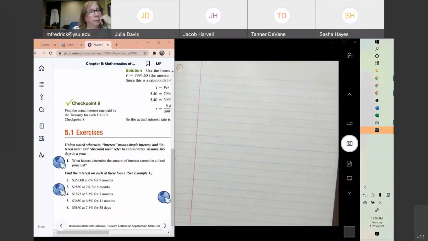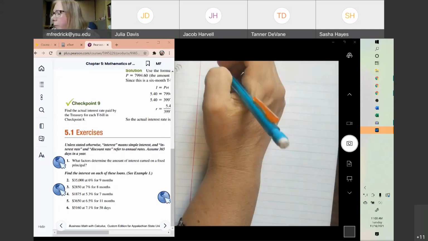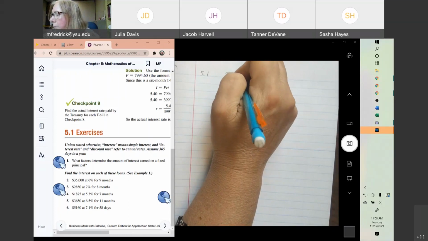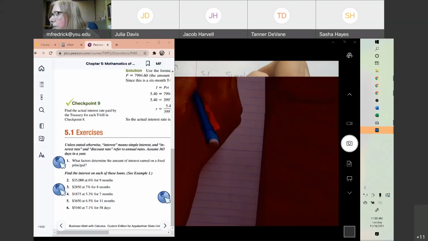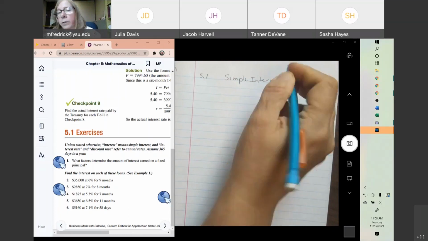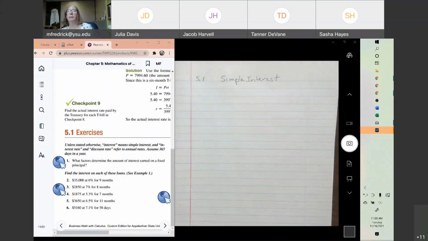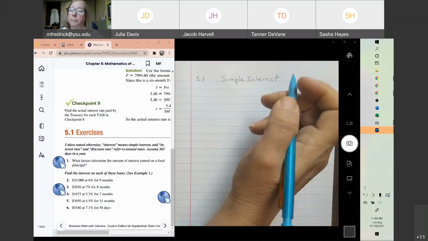The first section, 5.1, is simple interest. Now, if you want, you can put these on a formula sheet for the final. So you probably, if you get each of your formula sheets from each exam and put that together, or just keep them together, staple them together, that would be good formula sheets for the final.